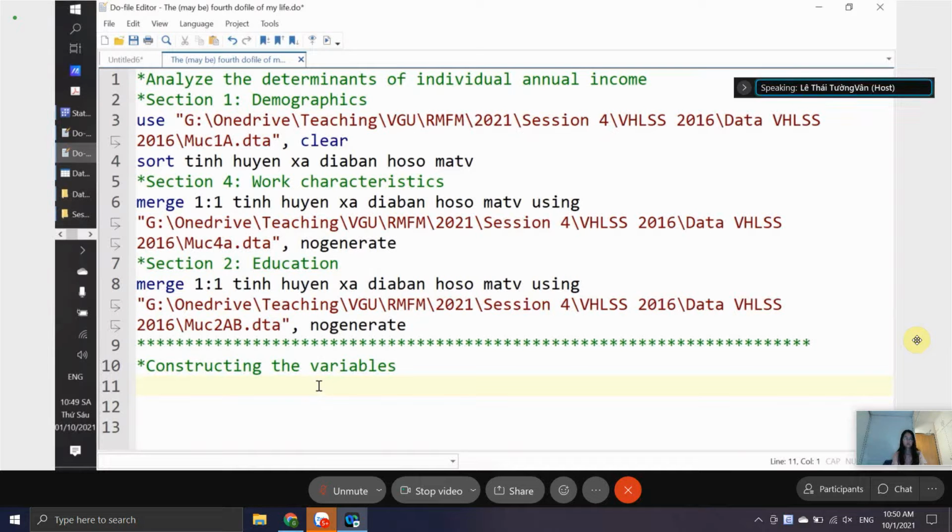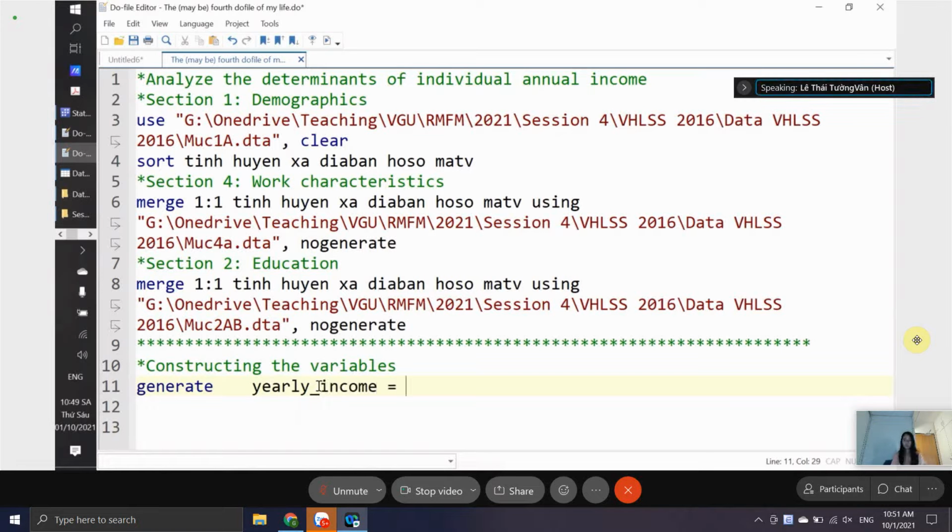Now, constructing the variable. The first variable. Now these are all very practical knowledge. The first thing, of course, let's say we want to know about income. So the first thing we focus on is income. So generate yearly income. Okay, yearly income.